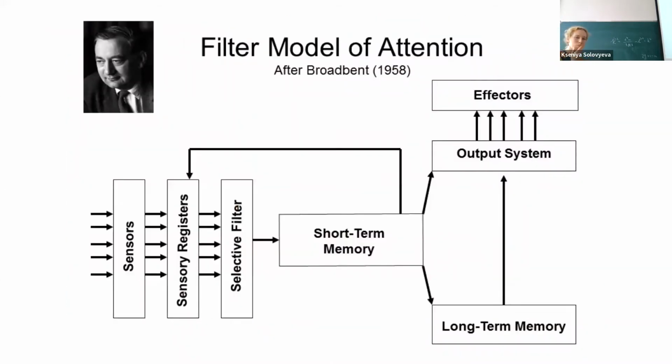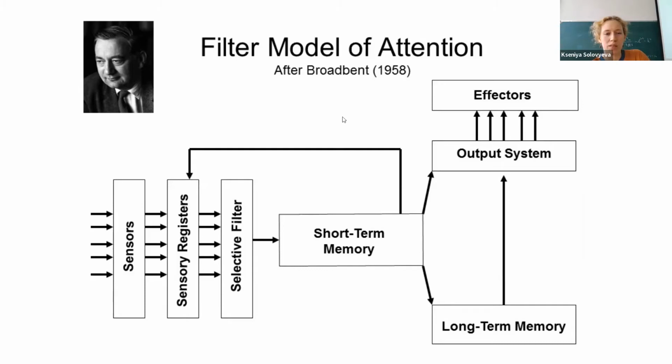And so psychologists did a lot of experiments. Maybe they had a lot of budget, but not only. The first model was the filter model of attention by Broadbent. It was made in 1958, and this is a model of early selective filter.